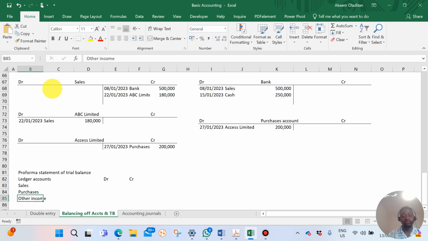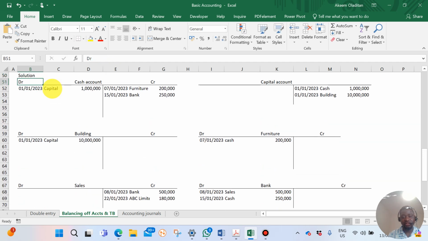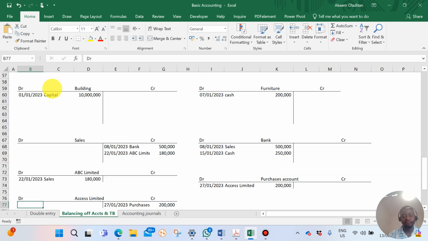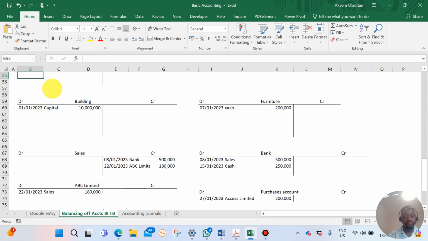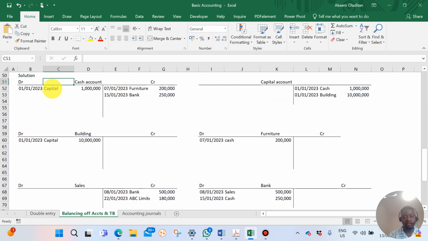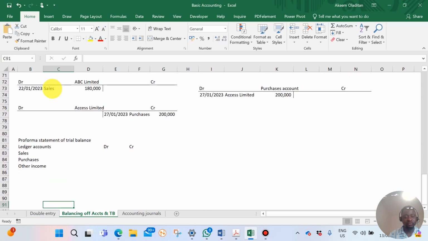But for the purpose of this discussion, I think we have only sales and purchases as they affect the statement of profit or loss. And in the balance sheet, the first account we have is the cash account. Do we have a bank account? Yes, bank account.